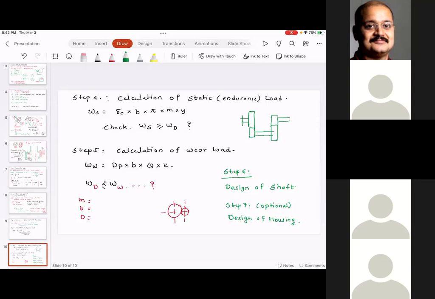So basically, if you have a reduction ratio R1 here and a reduction ratio R2 here, the overall reduction ratio is R equal to R1 times R2. So this is stage 1, and this is stage 2.